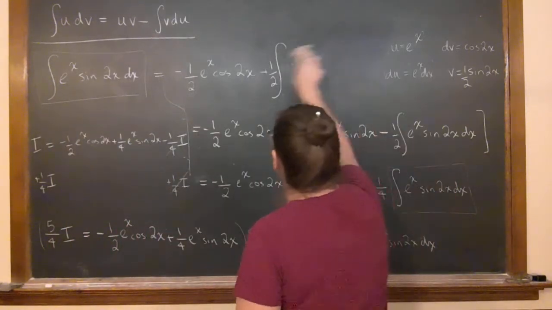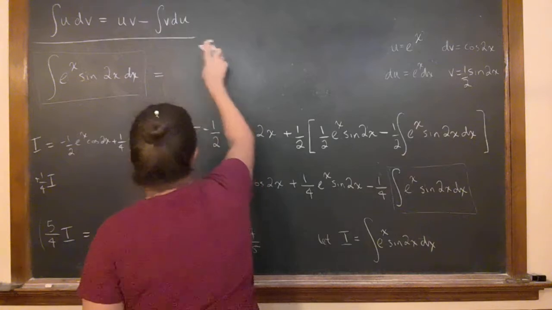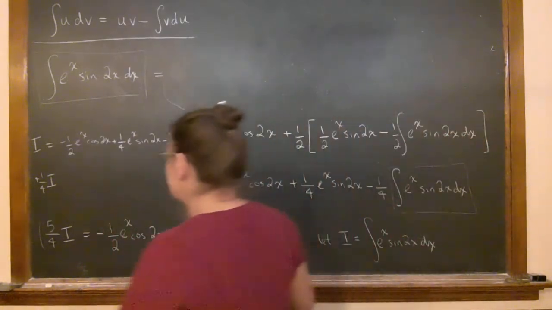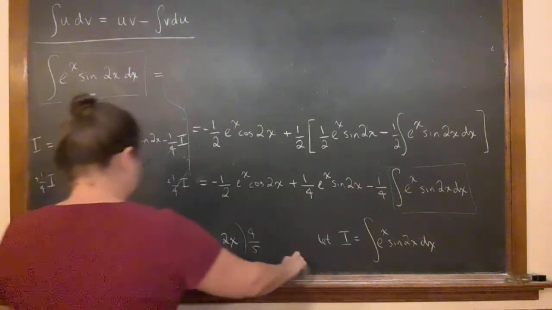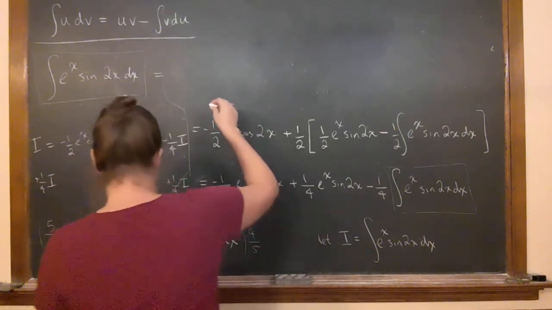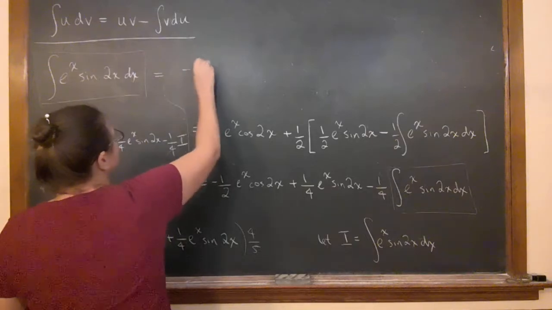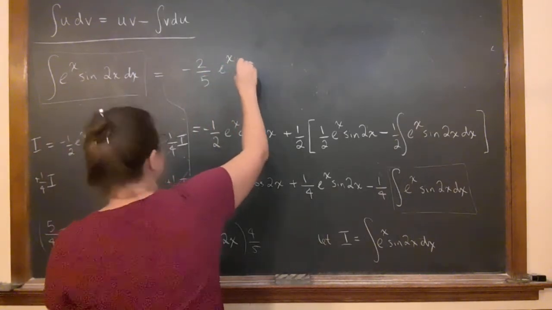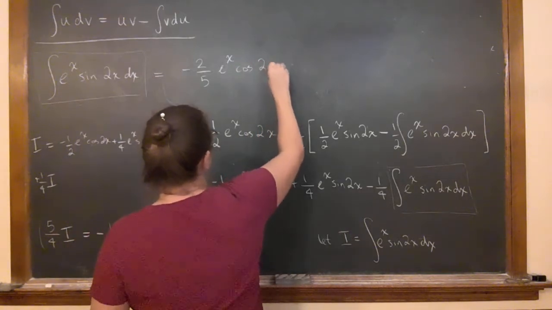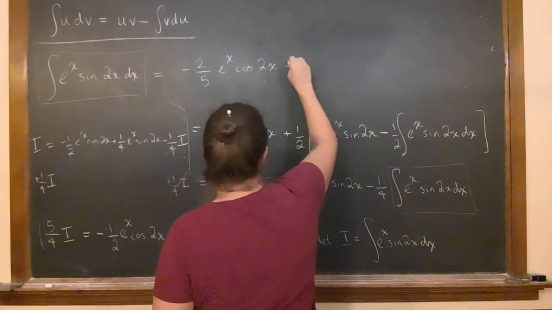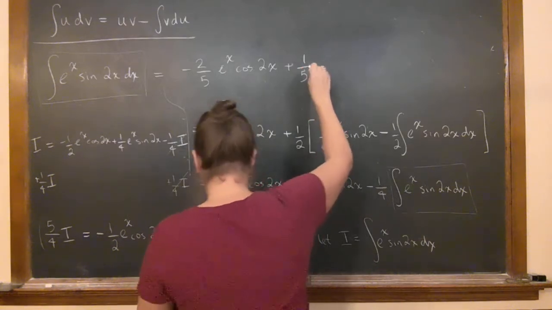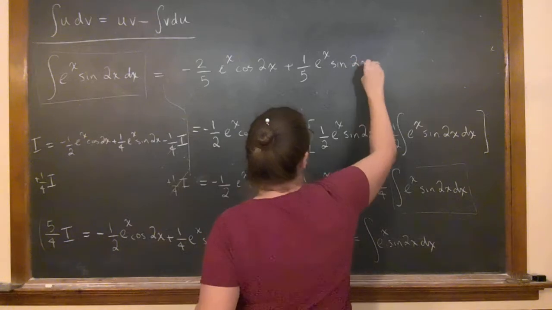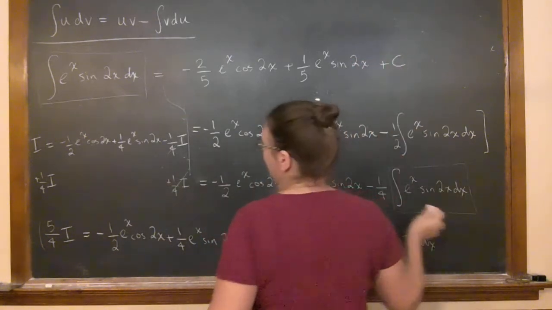So after multiplying through by 4/5, I am going to have minus 2/5 e to the x cosine 2x plus 1/5 e to the x sine 2x, and I got to throw a constant at the end.